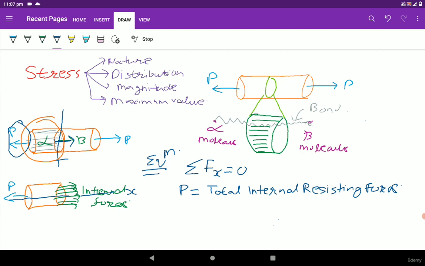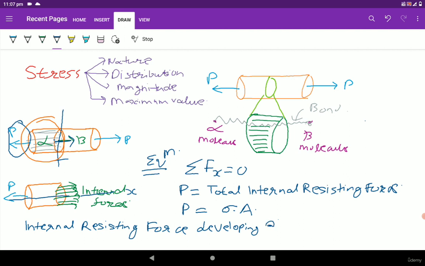Here the total internal resisting force is equal to sigma into the cross-sectional area A. So the internal resisting force developing per unit area is known as stress, which is represented by the sigma symbol, which is equal to P by A.